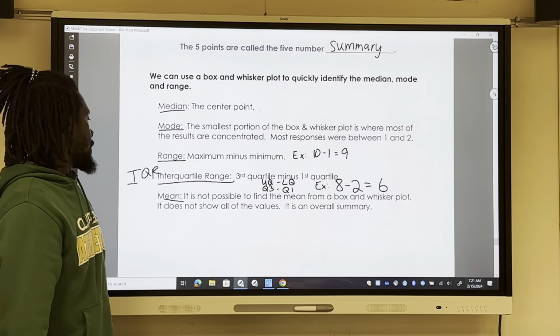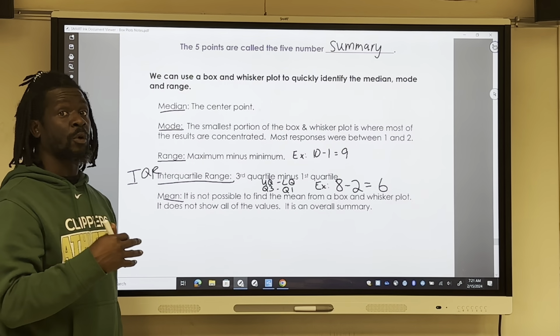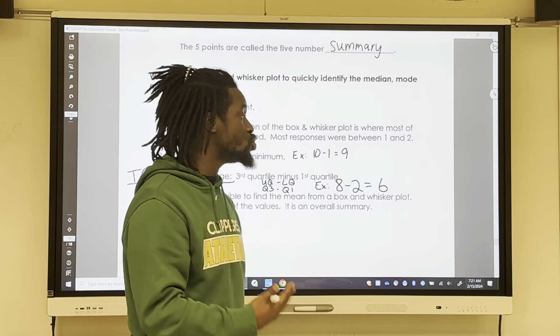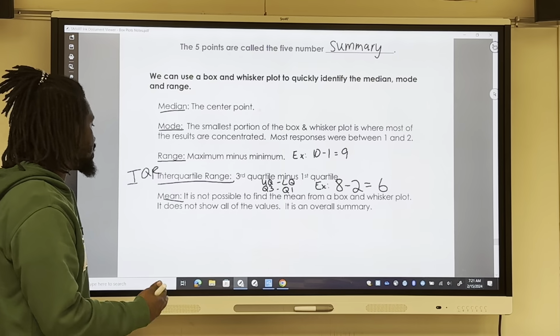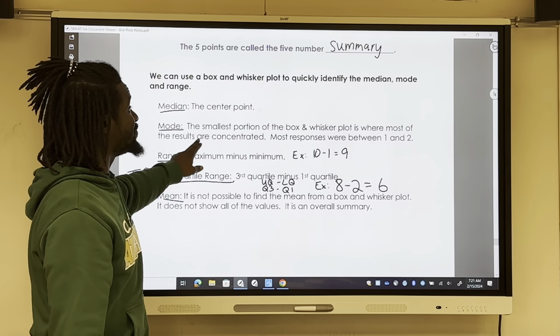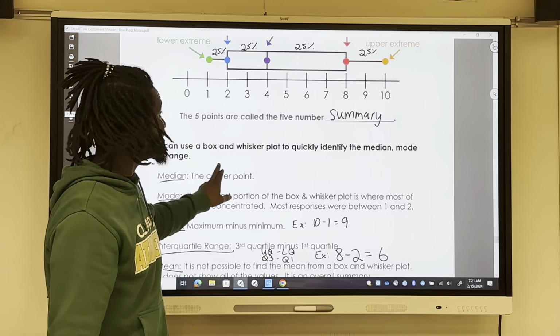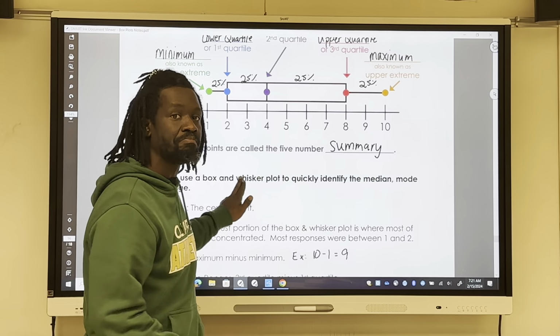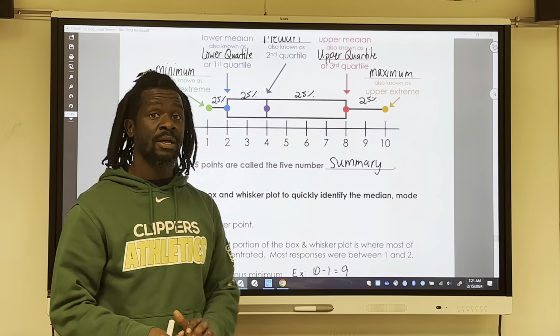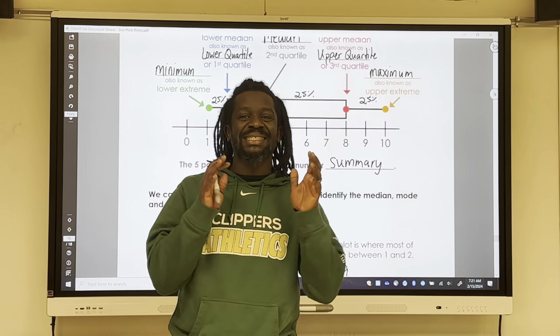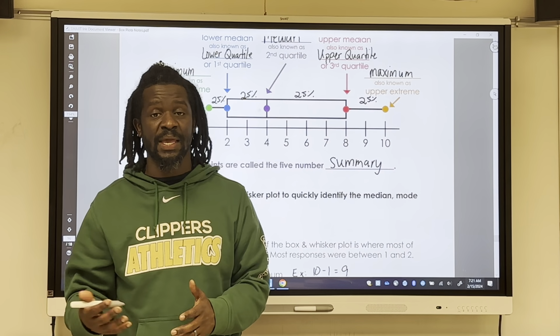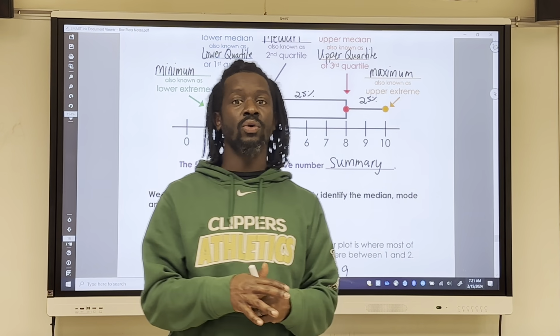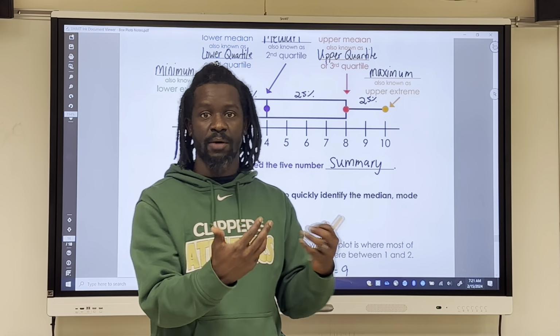And then mean. If a question asks about the mean, you cannot find the mean for our set of data in a box plot. Okay, by looking at a box plot, you don't know what the mean is because, again, you don't know exactly what the values are. And so to find the mean, you add up all the numbers and divide by how many numbers there are.